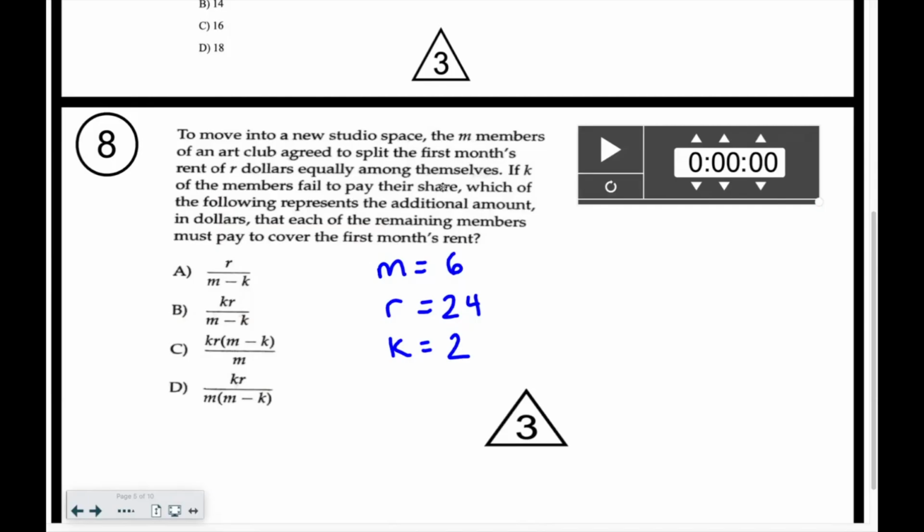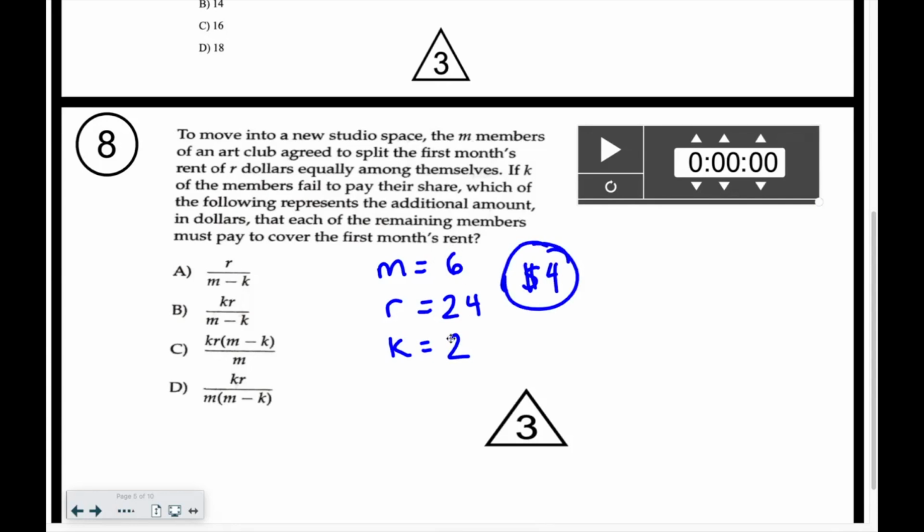So now when I read the problem, if you have R dollars equally among the M members, that just means if something costs $24 and you're splitting it among 6 people, then each person should pay $4. So I just remember that number, right?